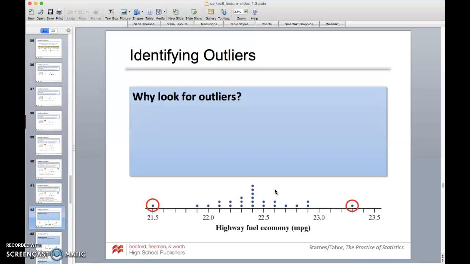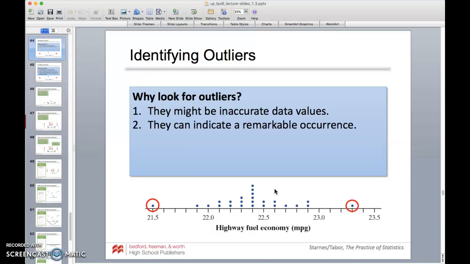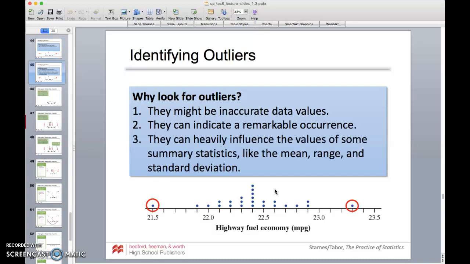So again, the question might be why? Why look for outliers? Well, they might be inaccurate data values. There might have been some inaccuracy in what you measured. Maybe something remarkable is happening. And they can heavily influence those non-resistant statistics, things like the mean, the range, and the standard deviation. So we might even want to throw those out sometimes.